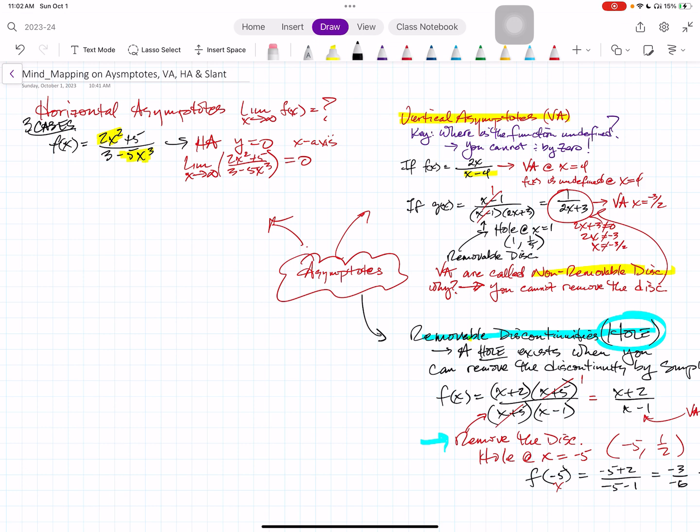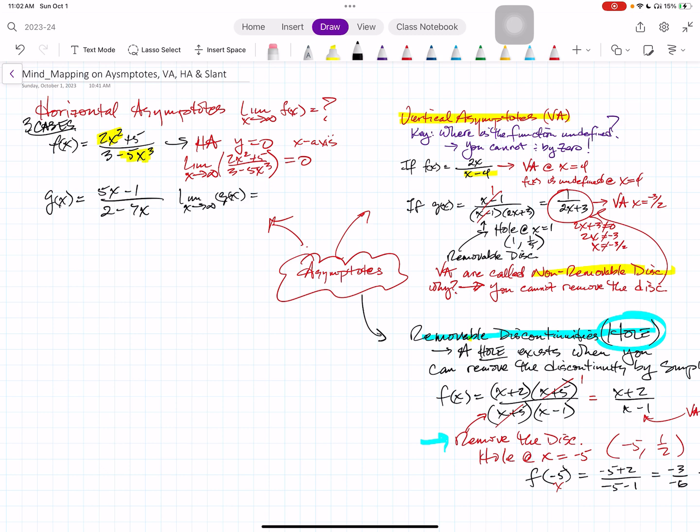Second case is when the degrees are the same. So let's give you a different function here. Let's say we have 5x minus 1 divided by 2 minus 7x. And then we took a look at this limit right here. What is the limit as x approaches infinity of g of x?